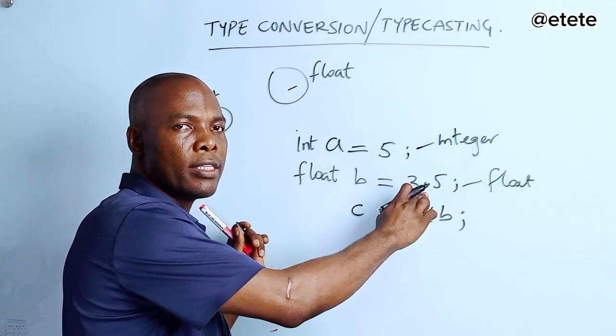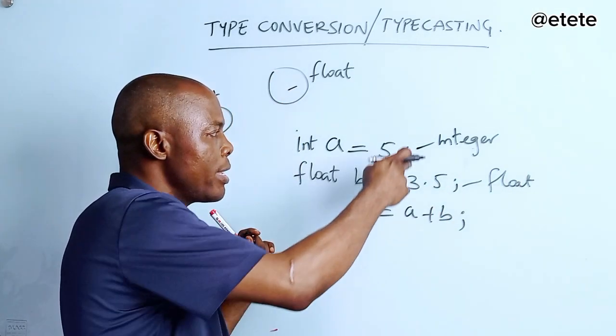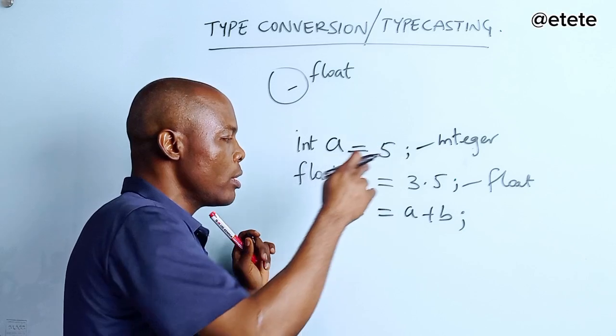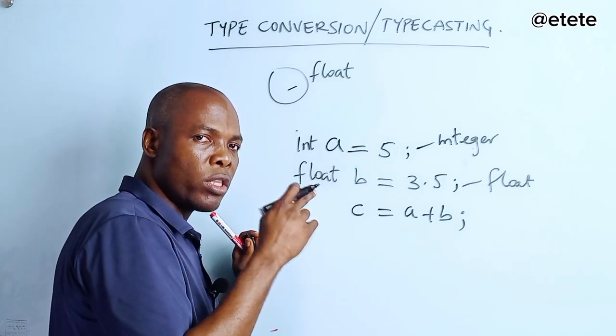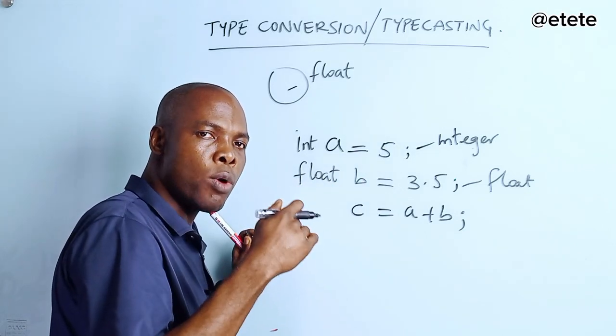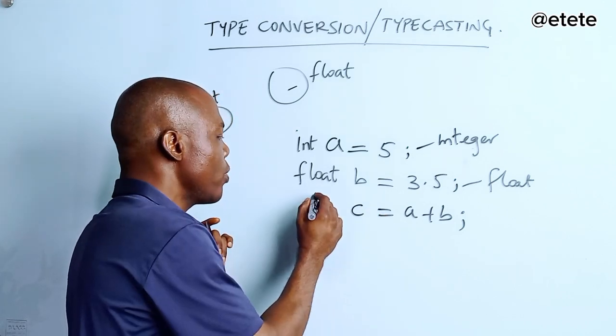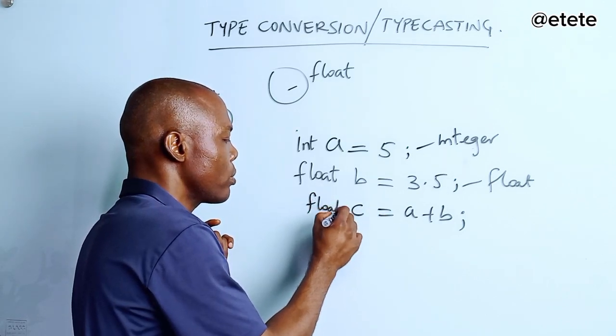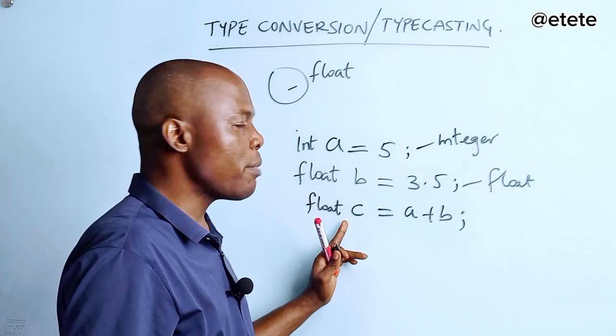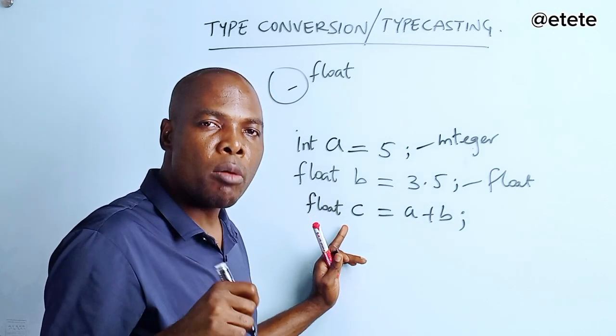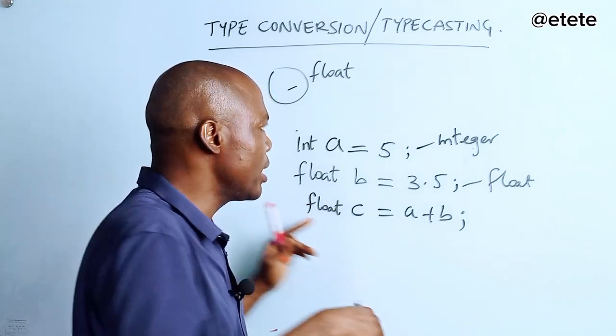Float is a higher data type than the integer. So the system will automatically convert the lower one to the higher one. So the return type for this c will be what? Float.